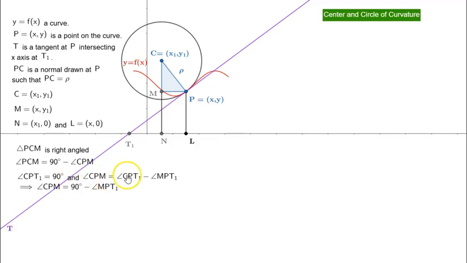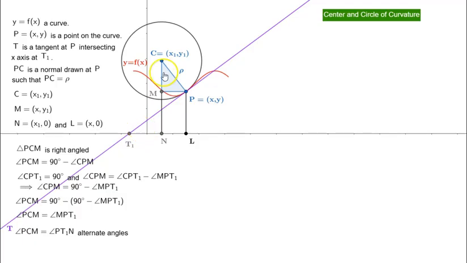So combining these two, we get CPM is equal to 90 degree minus angle MPT1. So angle PCM will become equal to angle MPT1 if we simplify this.